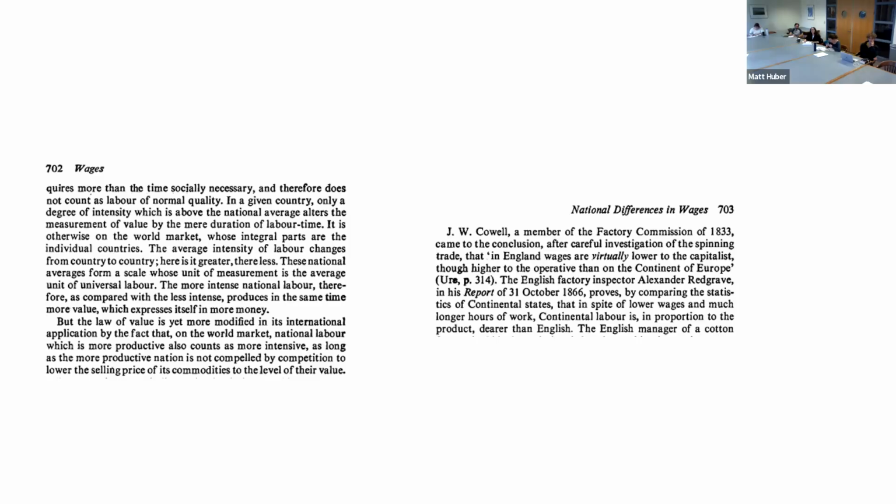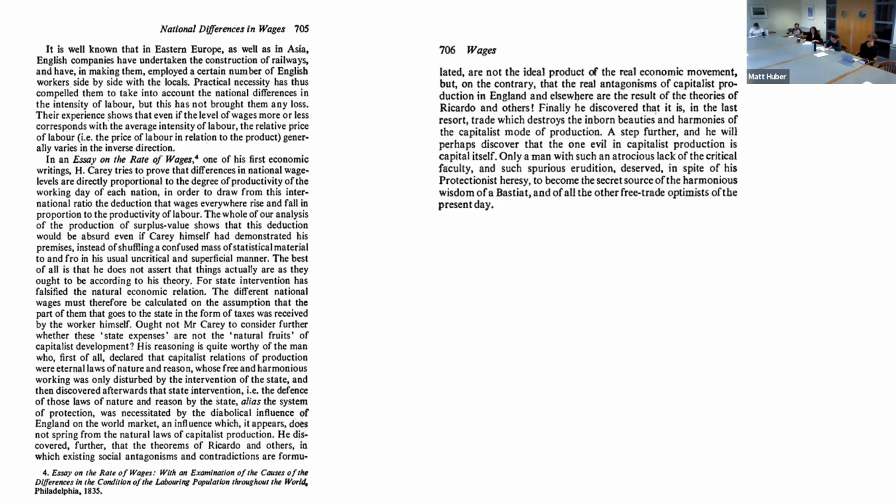But he closes the chapter by trying to say that let's not get crazy here. And again, I won't read all this, but he really wants to skewer this guy named H. Carey, who in the essay on the rate of wages, one of his first economic writings, tries to prove that the differences in national wage levels are directly proportional to the degree of productivity of the working day of each nation.